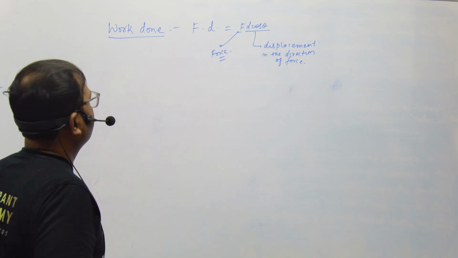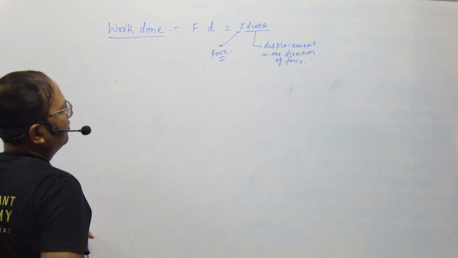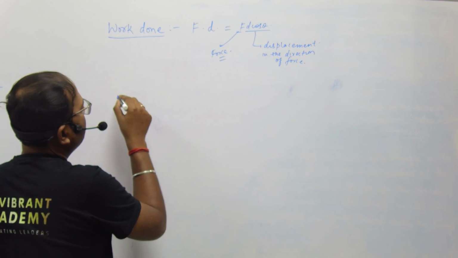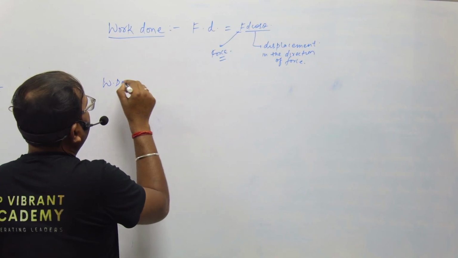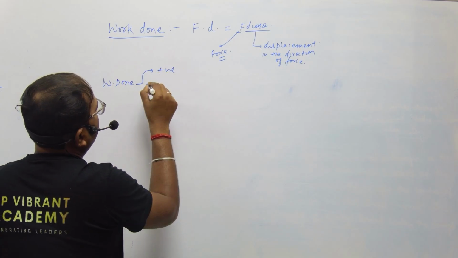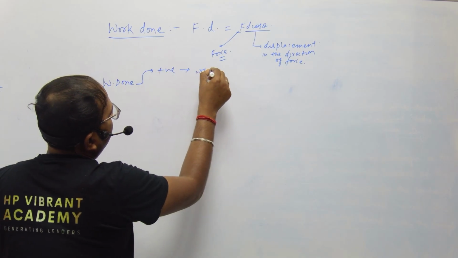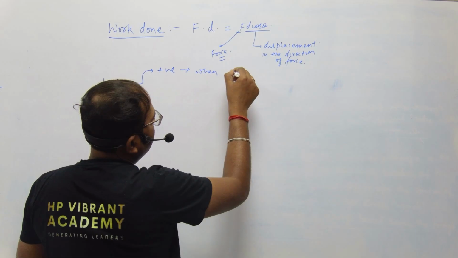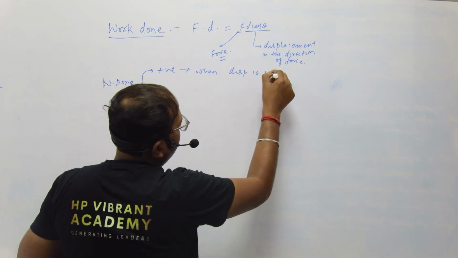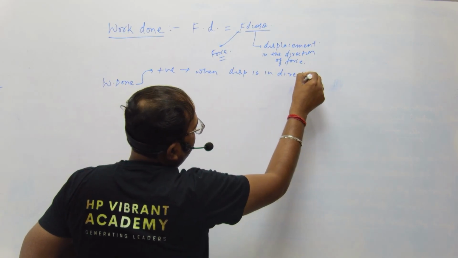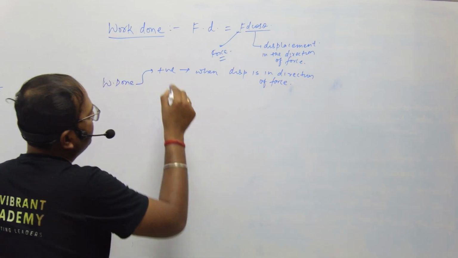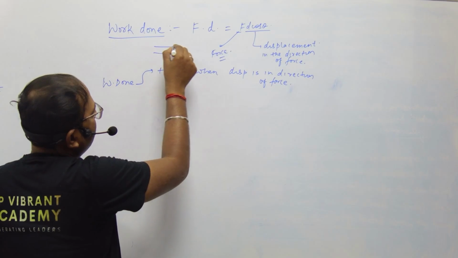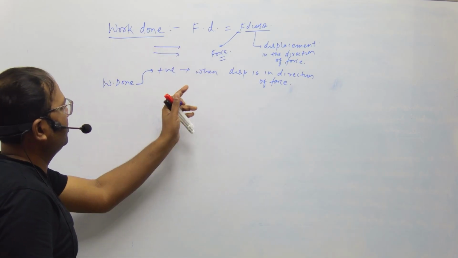Now let us see when the work done is positive or negative. Work done is positive when displacement is in the direction of force. If the force is in this particular direction and displacement is also in this direction, then the work done is positive.